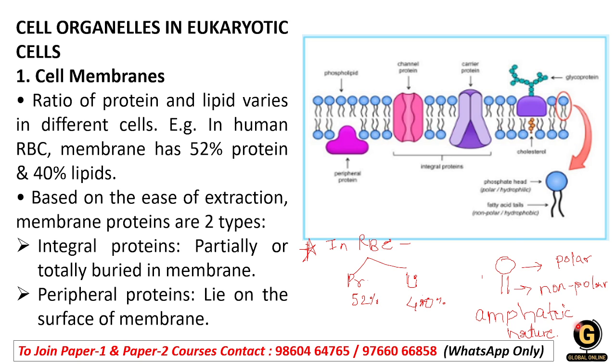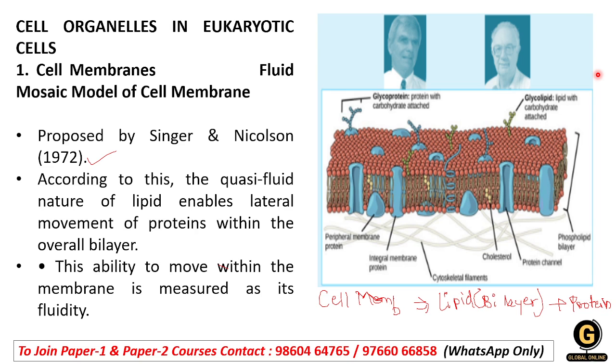Yes. Next, cholesterol is present here for maintaining stability. This sugar chain, that is glycoprotein or oligosaccharide, is present for functioning as the antigen. Next, this model, the fluid mosaic model, was composed by Singer and Nicolson in the year 1972.